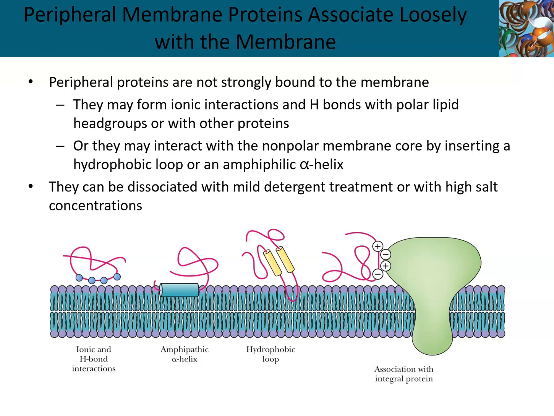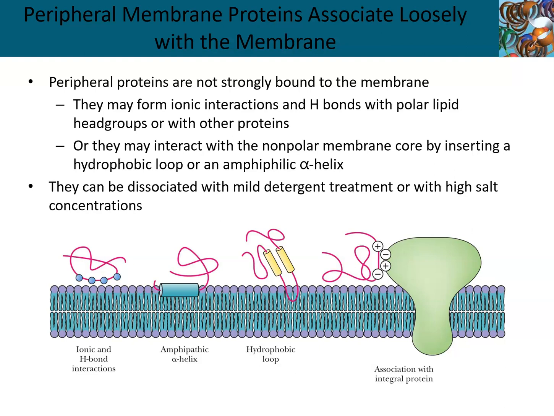And they can associate via ionic interactions and hydrogen bonding with the polar lipid head groups, or they can interact with a nonpolar membrane core by inserting a hydrophobic loop just underneath the polar head groups of the lipids so that they're pushing this helical structure down into the hydrophobic region of the membrane, and this causes a nice interaction which resists the protein from separating from the lipids by virtue of this strong nonpolar interaction.